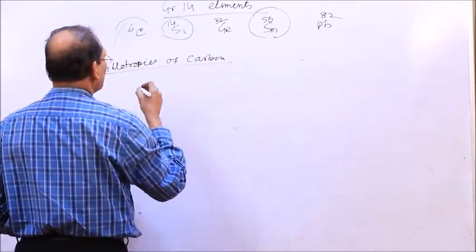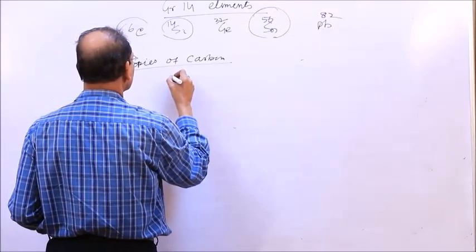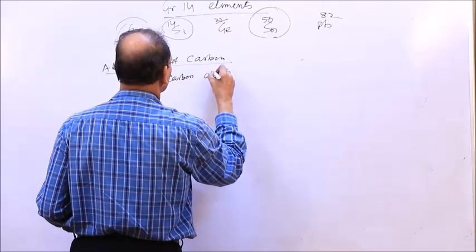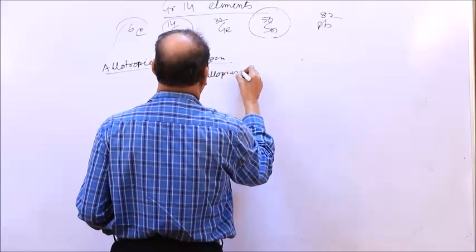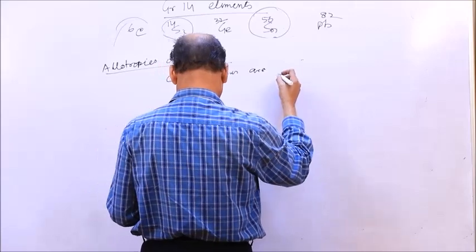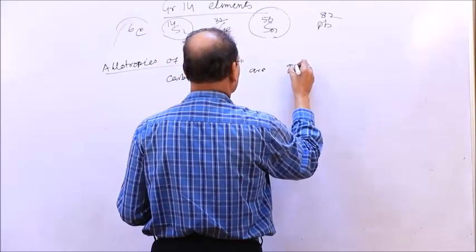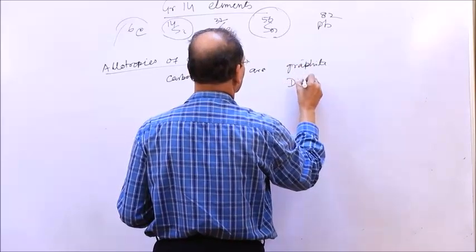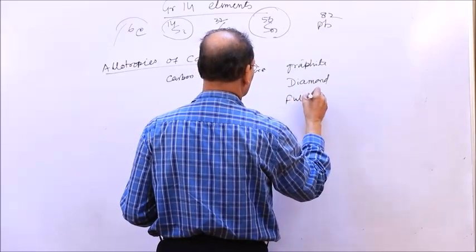The allotropes of carbon are graphite, diamond and fullerene.